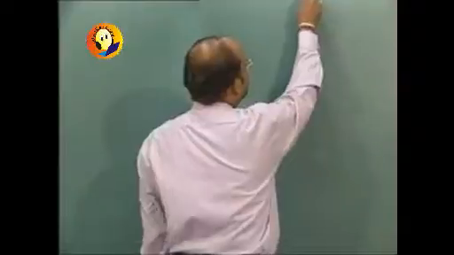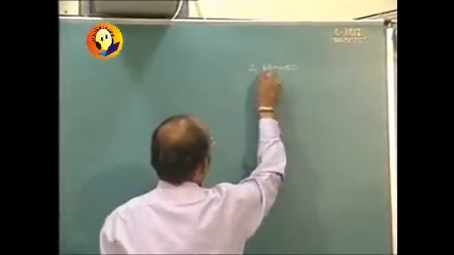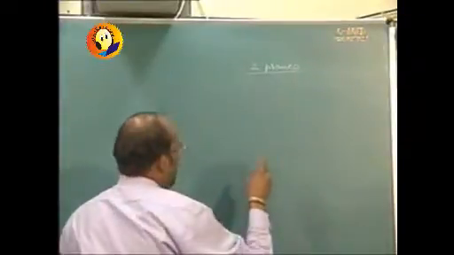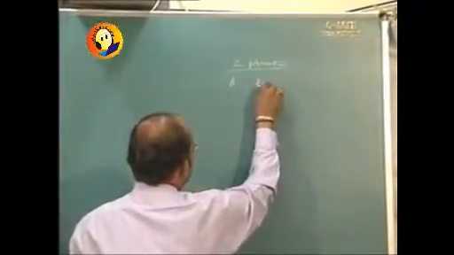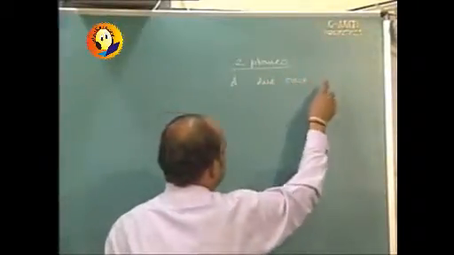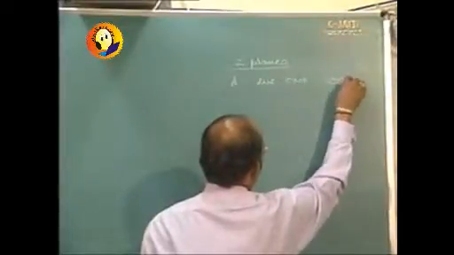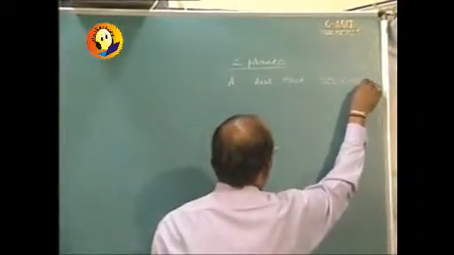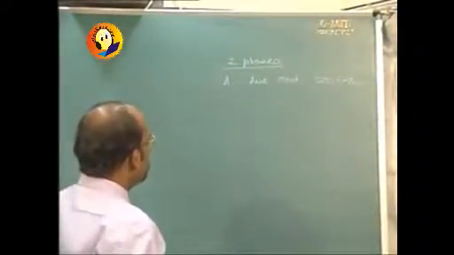Say, consider the first case. It is given to us that there are two planes, and plane A is moving due east with a velocity of 500 kilometers per hour.